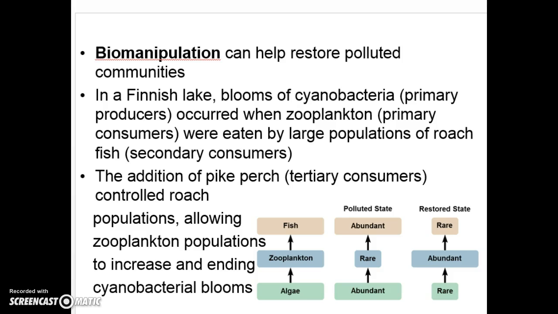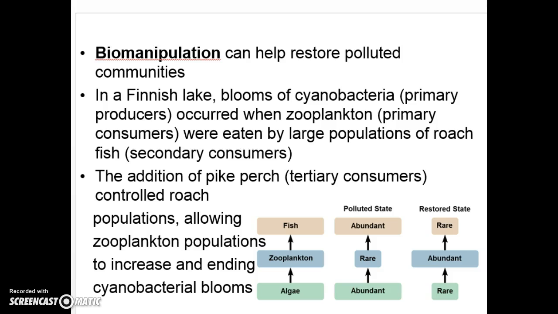Okay, another term I want to make sure you understand is biomanipulation. So in this case, we have the introduction of something to help restore the balance in a community. So either the dominant species or the keystone species has, for example, gotten out of balance, and the whole community becomes damaged and unhealthy.